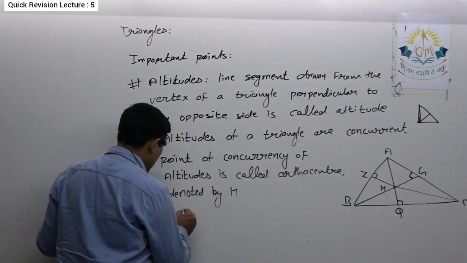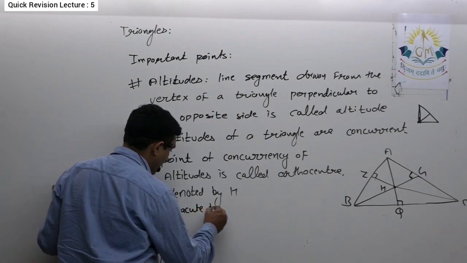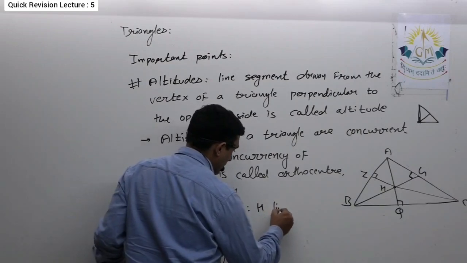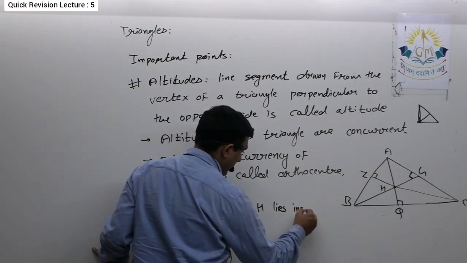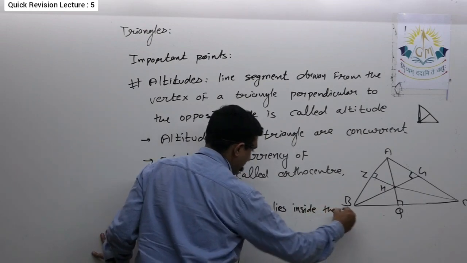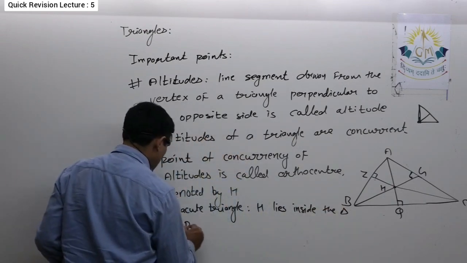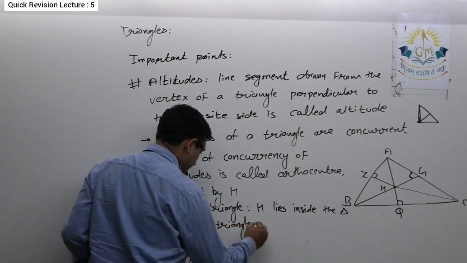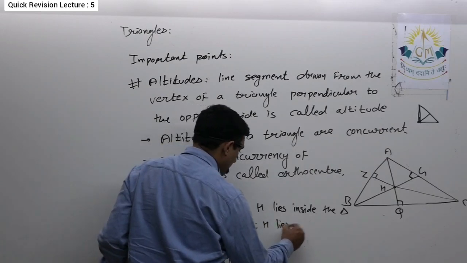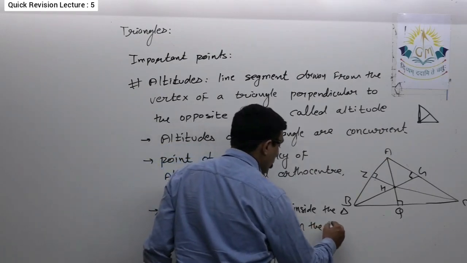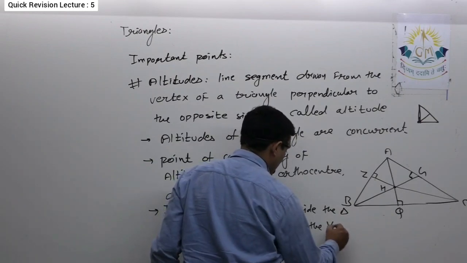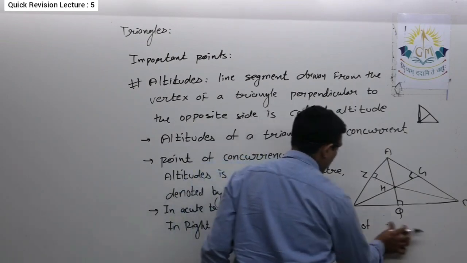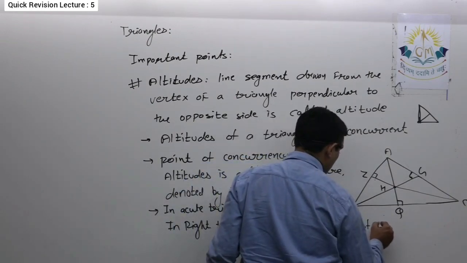So in an acute triangle, H lies inside the triangle. In a right triangle, H lies on the vertex of the right angle, the vertex of 90 degrees.